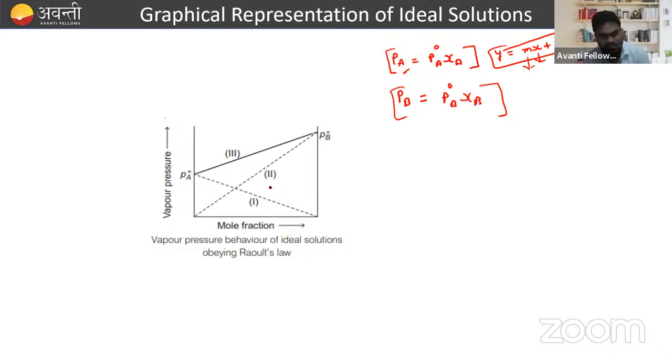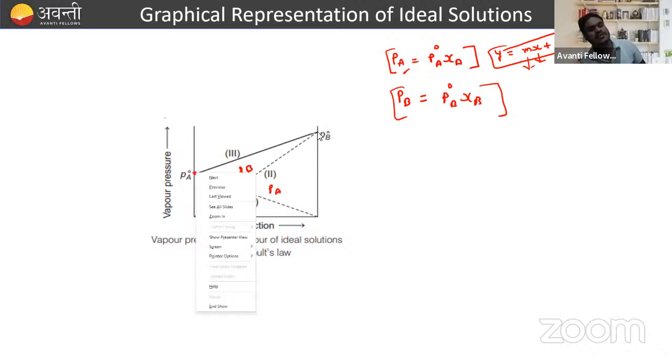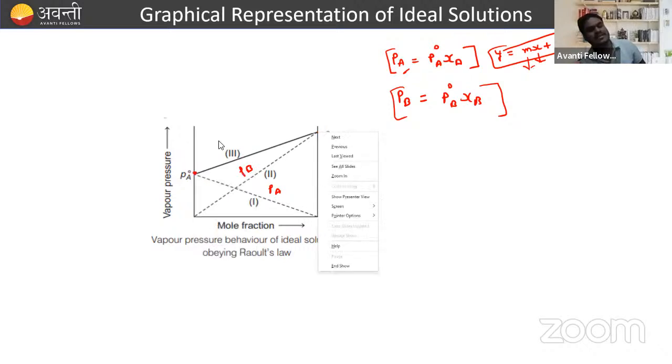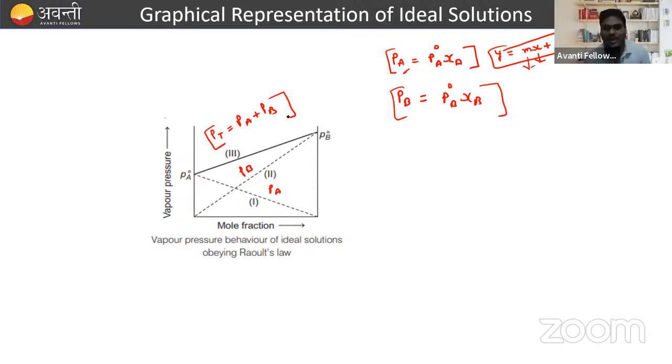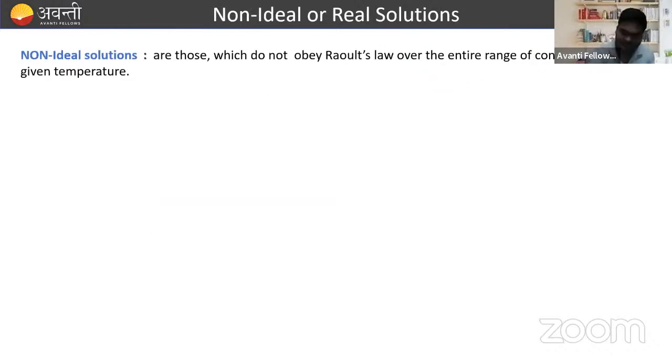This line is for PA, and this line is for PB, and these are P naught A and P naught B. On combining these two lines, we get PT. What is PT here? PT is the total pressure, equal to PA plus PB. So this is how we get the total pressure. Okay, I hope this is clear: how will you represent an ideal solution with a graph?